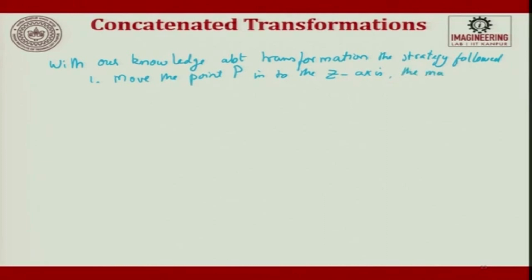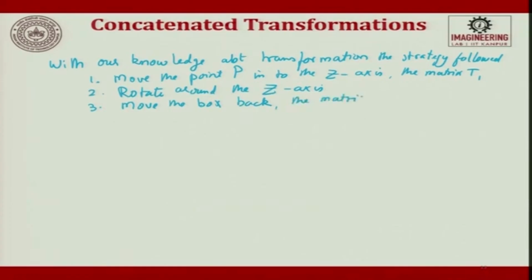The matrix is T1. To rotate it, rotate around the z axis. Move the box back. The matrix is T2 dash transformation.